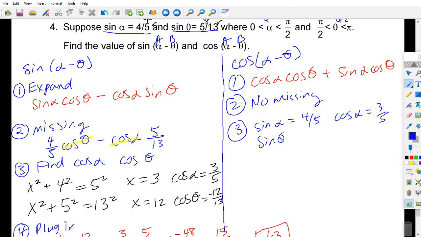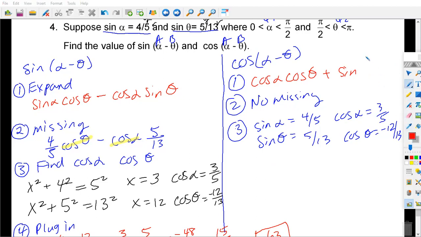Our sine of theta equals 5/13. And our cosine of theta equals negative 12/13. Oh, yeah, it should be negative. I don't know why I did that.